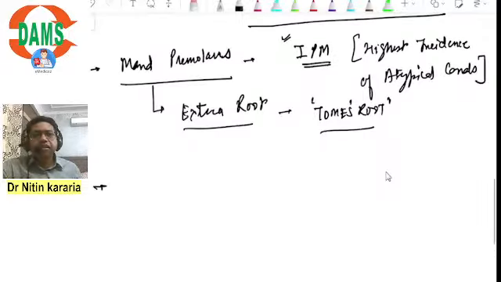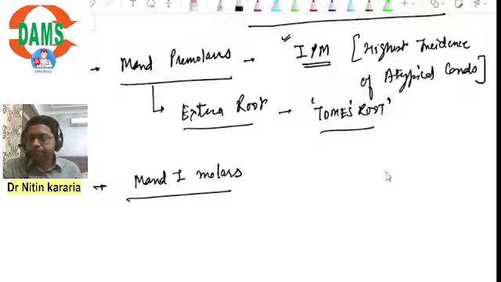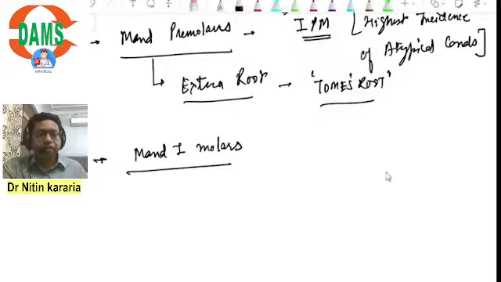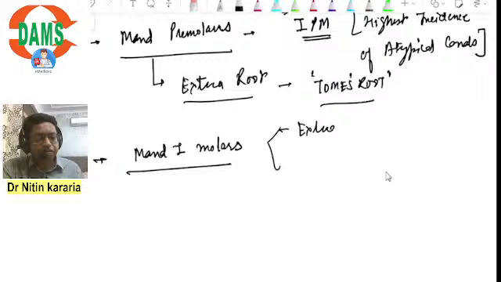Then another variation amongst the mandibular teeth is found with mandibular first molars. Mandibular first molars have two types of variations. One is an extra root, which is common, and then there can be an extra canal.